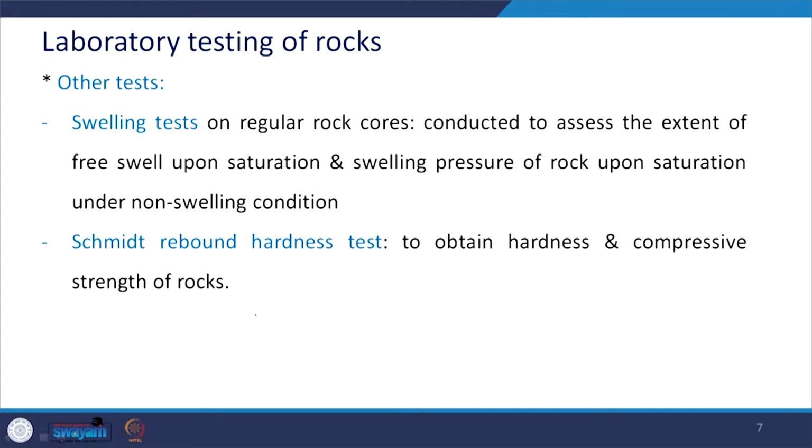Then in this series, the next test is the swelling tests on regular rock cores. This is conducted to assess the extent of the free swell upon saturation and the swelling pressure of the rock upon saturation if it is under the non-swelling condition.